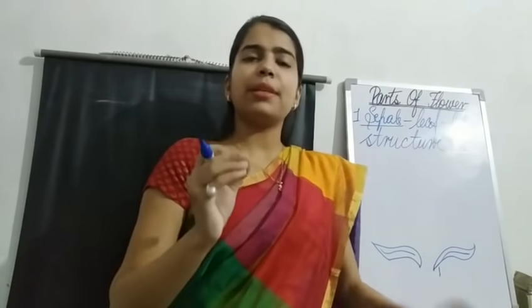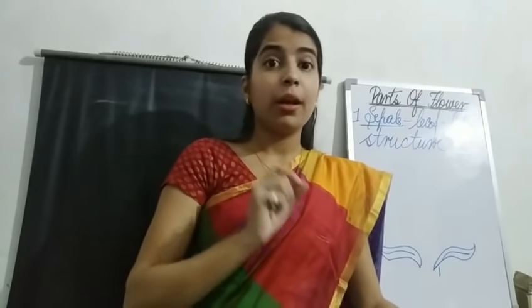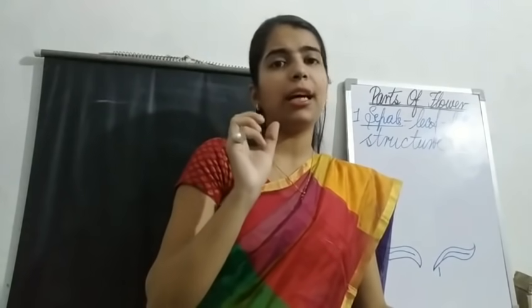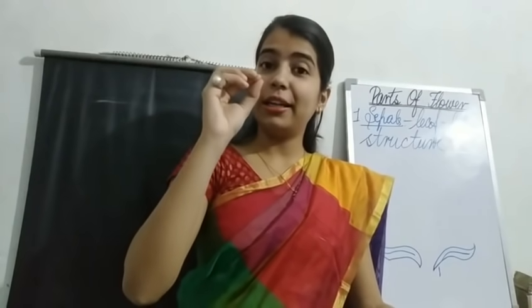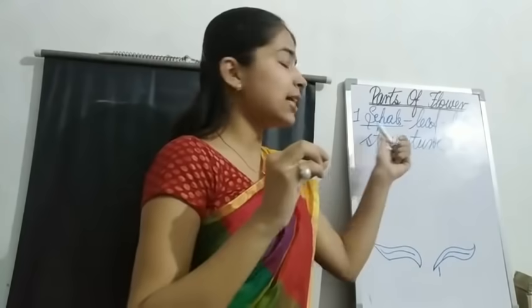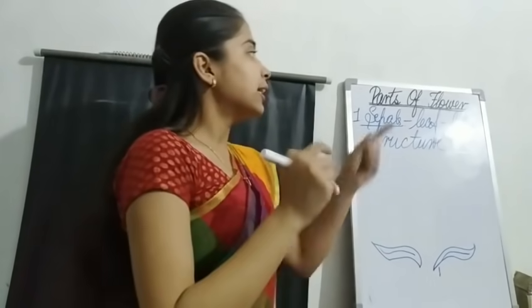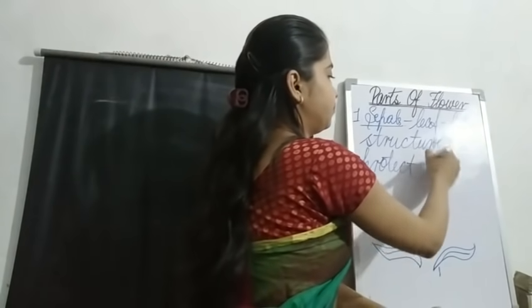Have you ever seen a flower in the bud stage? The flower in the bud stage is completely covered with green leaves, isn't it? That green part is actually the sepals. And why is the flower covered in the bud stage? Because the sepals protect the flower in the bud stage.